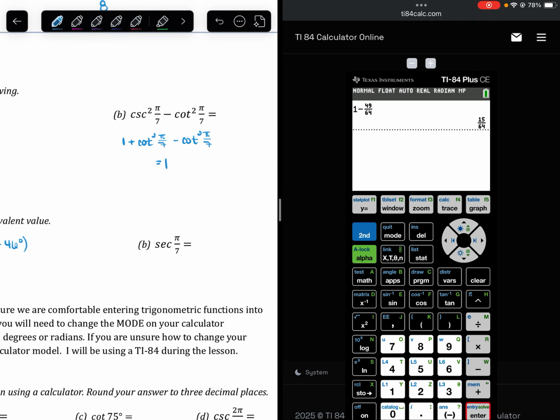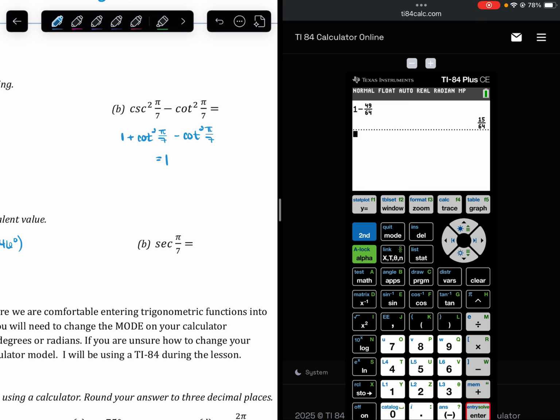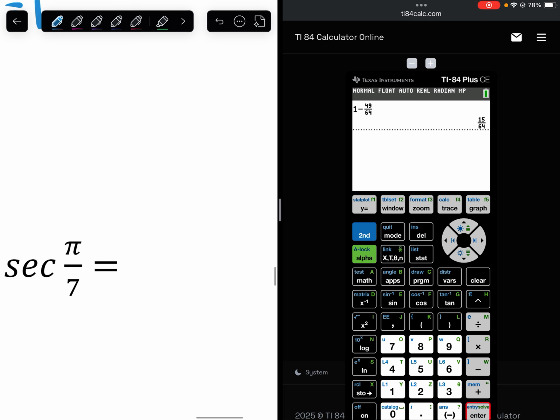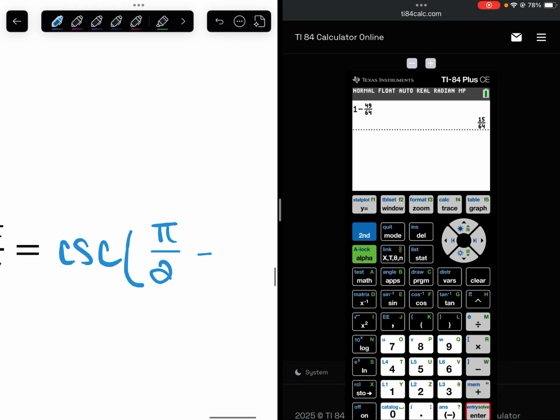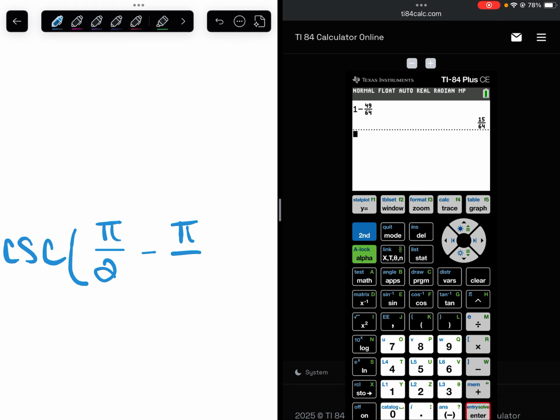Secant of pi sevenths, secant pairs with cosecant. So it's going to be cosecant of pi halves, since we're in radians, minus pi sevenths. And again, to do your little fraction math here, you can just eliminate the pi's and you just want to do 1 over 2 if you need the little help with your fraction math, speed it up, minus your 1 over 7.